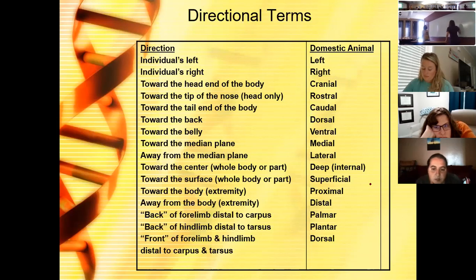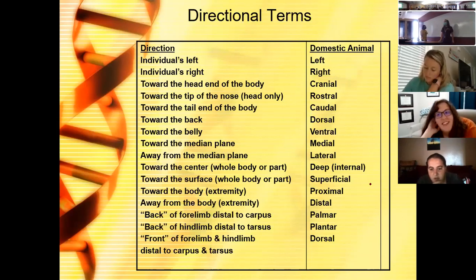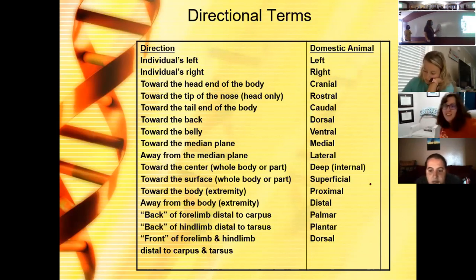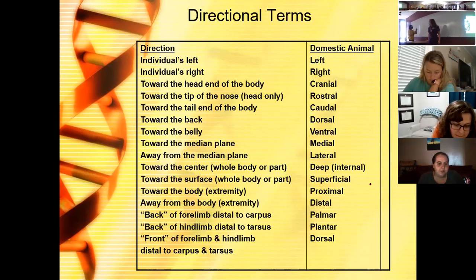So if I say your wrist in relation to your elbow, I know the elbow is what? The starting point, and what direction do I have to go to get to your wrist? Distal. Yeah, because it's like the other way.